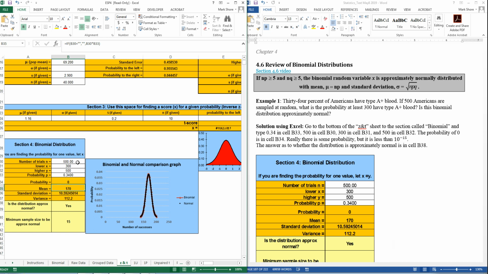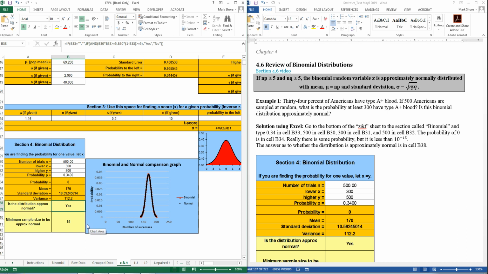You could also get that by doing 500 times 1 minus 0.34, so 500 times 0.66 is 330. Both of those numbers, 330 and 170, are way bigger than 5. So this distribution is very normally distributed. So the answer is yes.